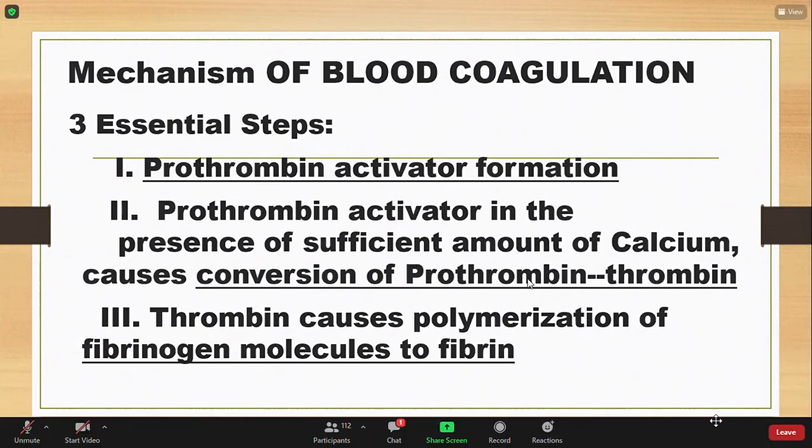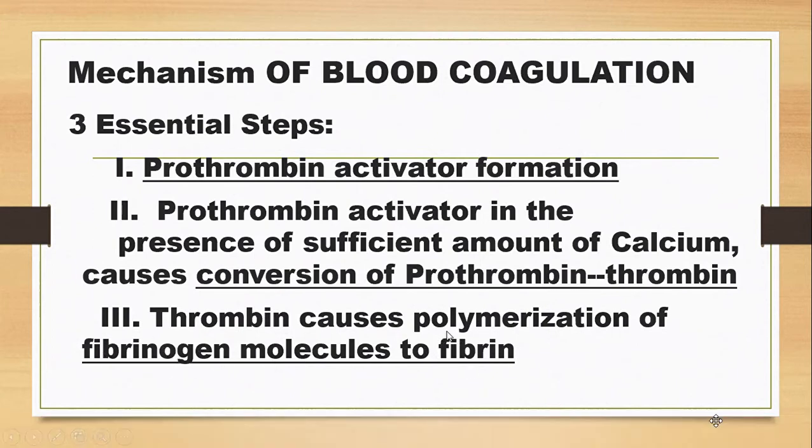And then the third step, thrombin will cause polymerization of fibrinogen molecules to fibrin. Then this fibrin will form a meshwork of fibrin molecules to seal up the blood, completing the process of blood coagulation.